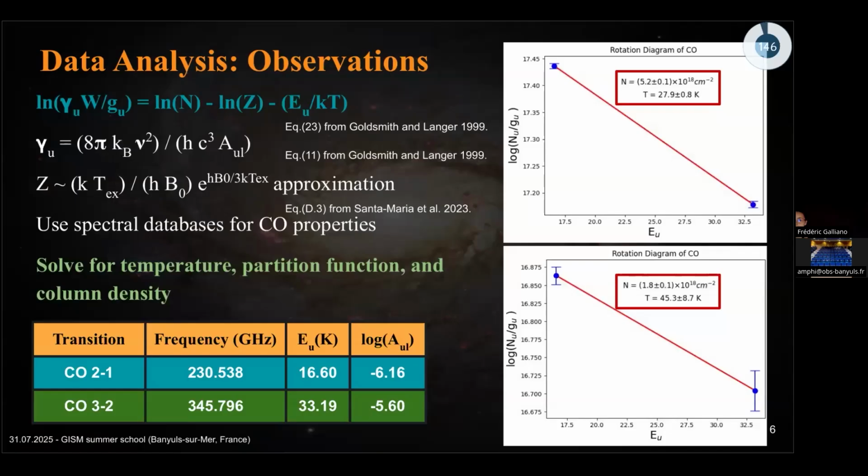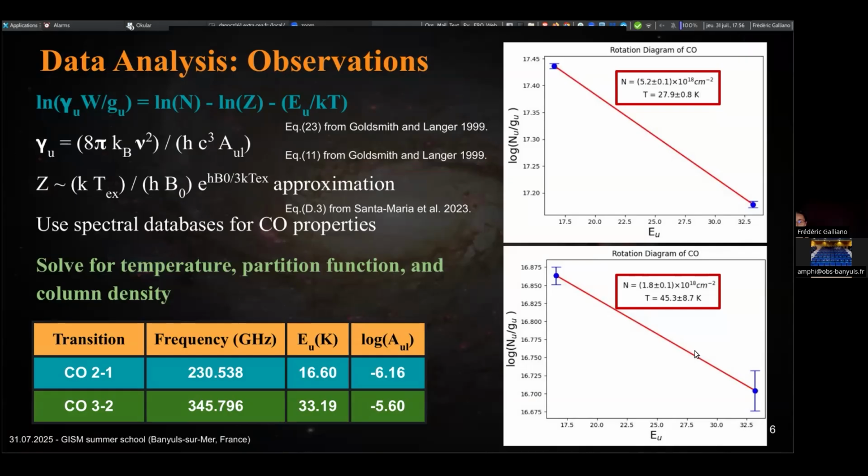At the first step, we used this W parameter, that is the line integral, and approximated this. So we used this equation as if it was a linear equation. And in this, the logarithmic part of the right side of the equation was the intercept of this linear equation.